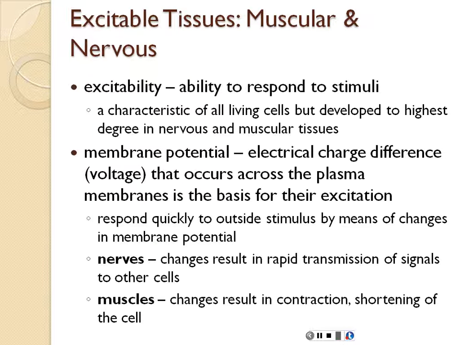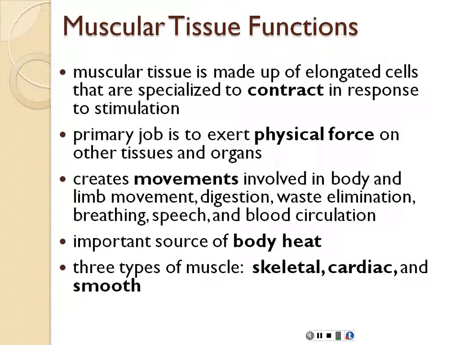And the other two tissues, so that's connective. You have epithelial, connective, and now we'll look at muscular. Muscular is easy because there's only three types of muscular tissue. If you think about the function of muscles, their job is to what?